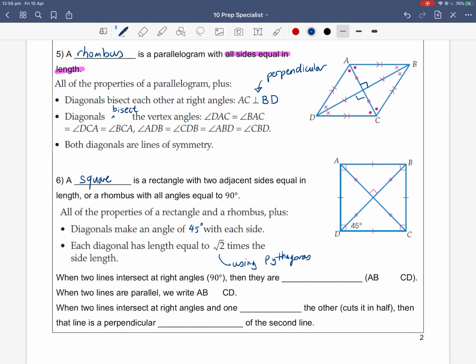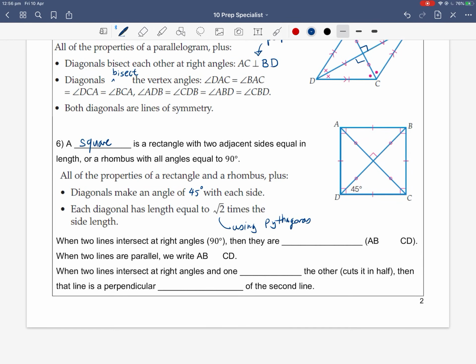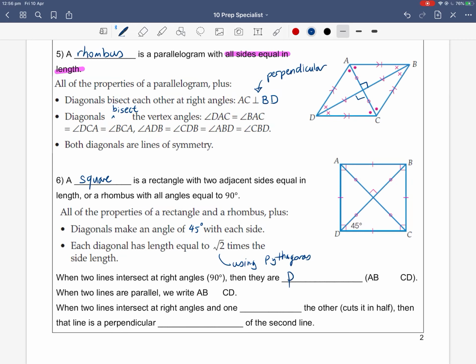When two lines intersect at right angles, 90 degrees, we say that they are perpendicular. So we mentioned this before. So these are just 3 other definitions. So the symbol we use is that. Sometimes you might want to even add a little corner angle to denote it as well. When two lines are parallel, we use that symbol to indicate AB is parallel to DC.